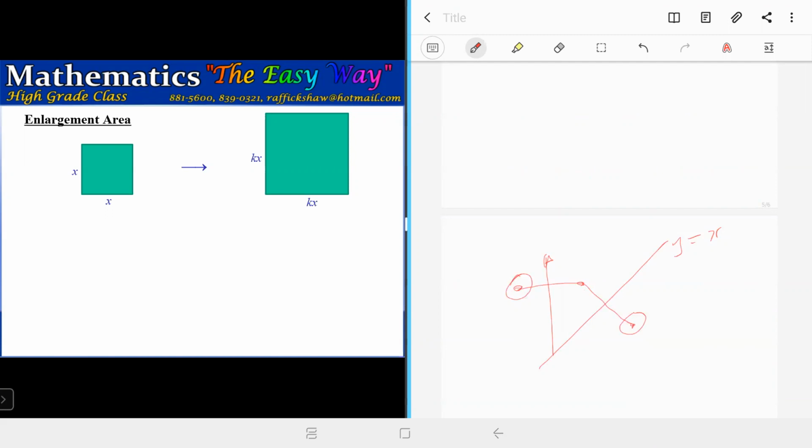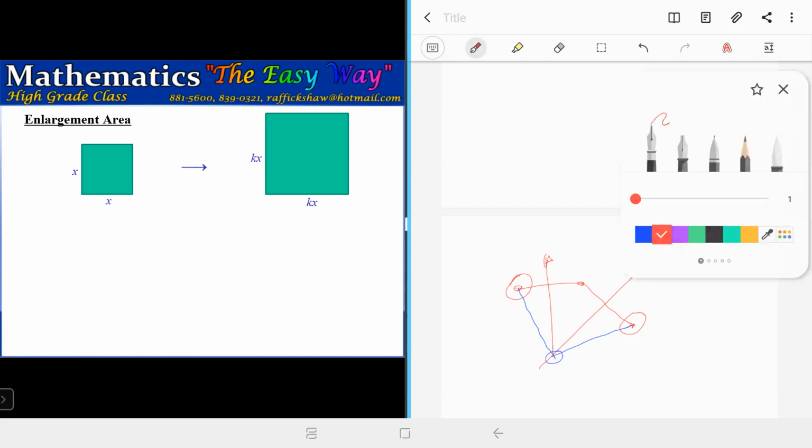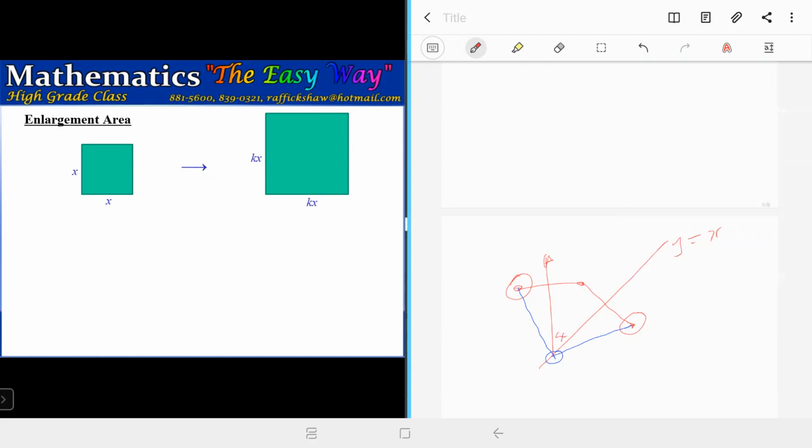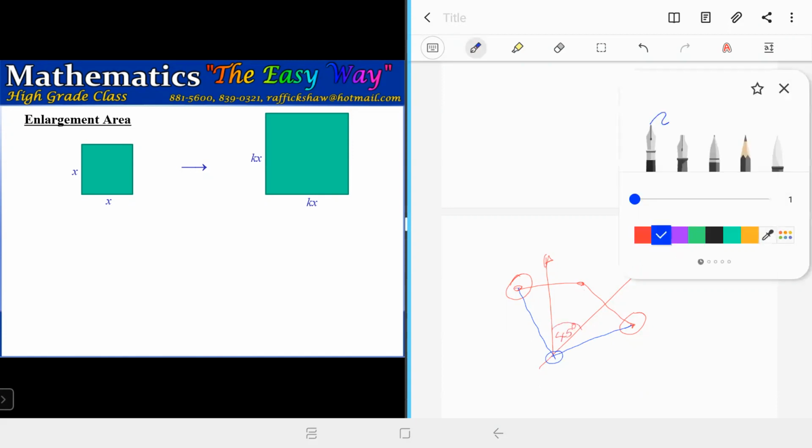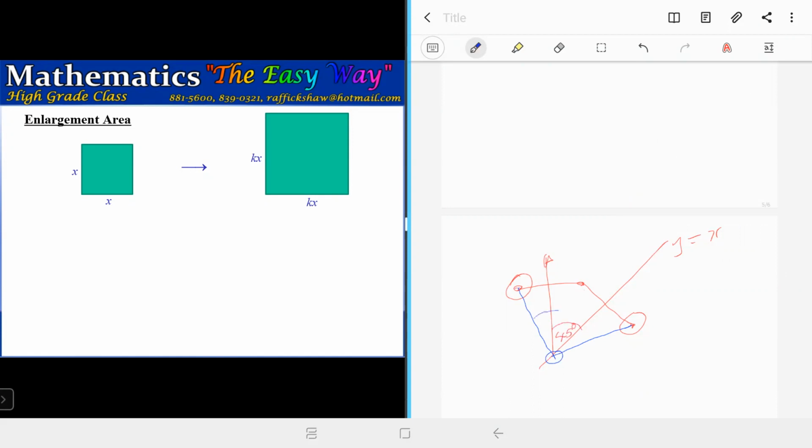You're going to rotate about here, the point where the mirror lines meet. And since the angle between the 2 mirror lines is 45 degrees, the rotation angle is twice as much, 90 degrees, right? And that's 90 degrees clockwise.